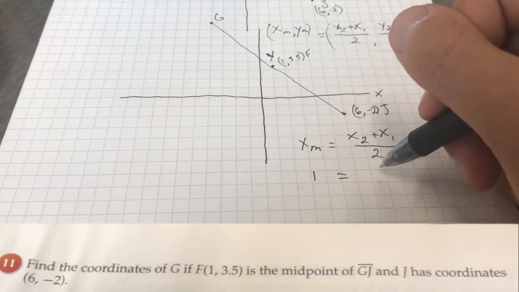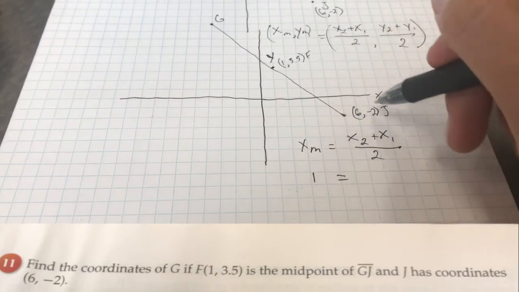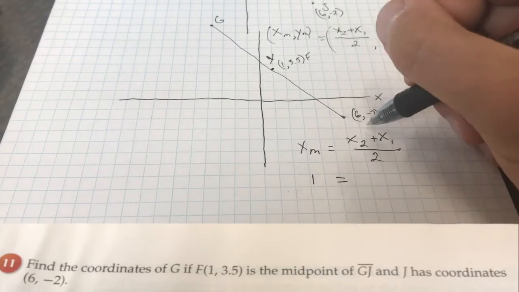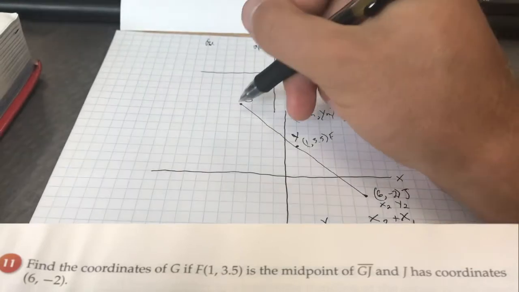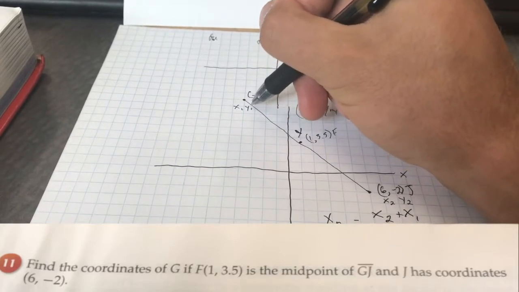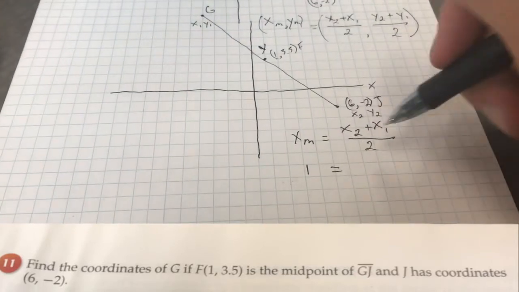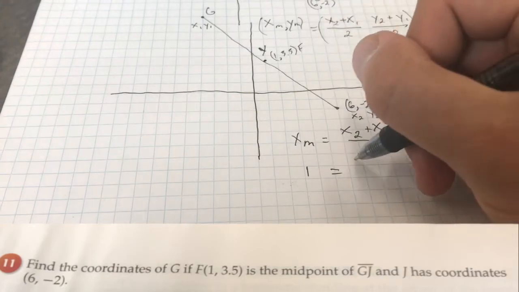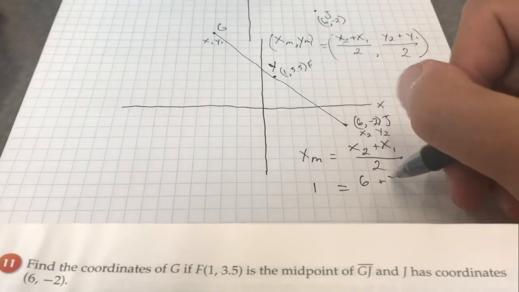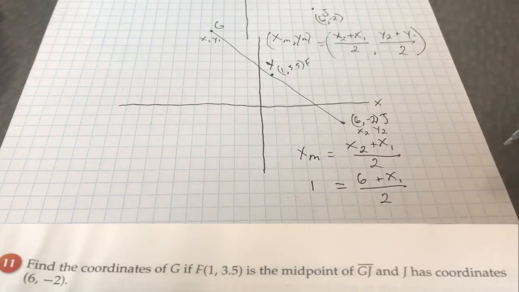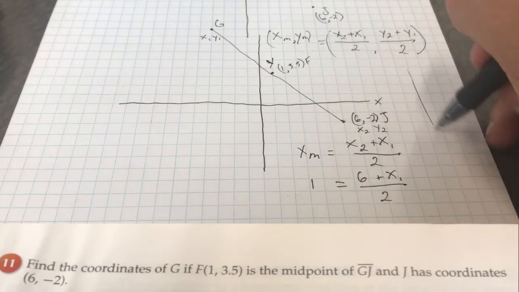So I'm gonna say that J is gonna be 2, so we're gonna say this is x2, y2, and up here this is gonna be x1, y1. x2 is 6, plus, we're not sure yet what x1 is, over 2. And we're going to bring this down here.